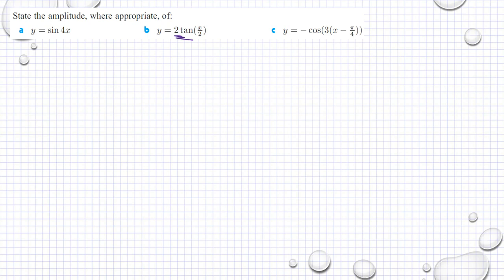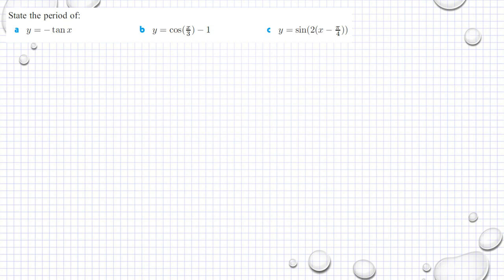For tangent, it is undefined. State the period. Once again, for A, the period is the same. It is still pi, because our B is 1.